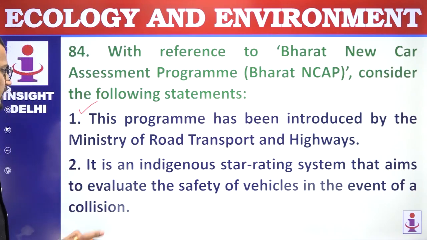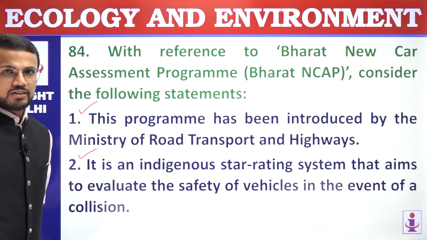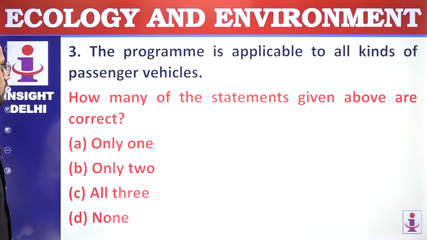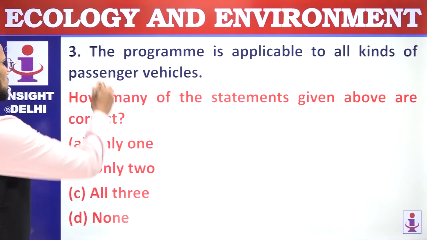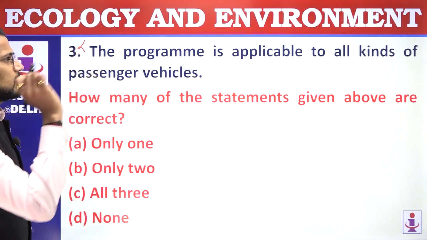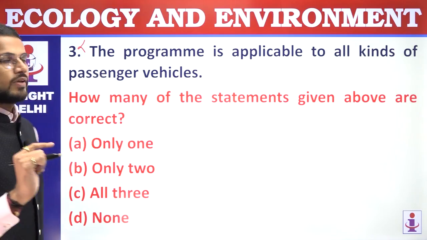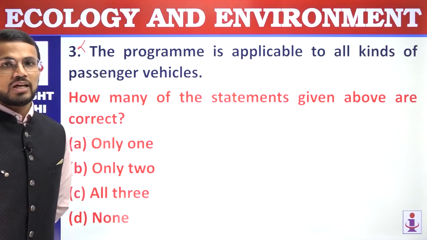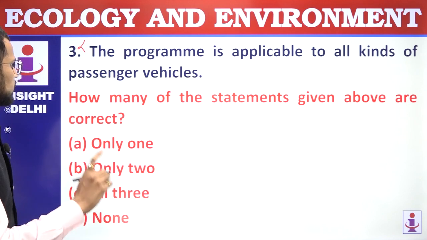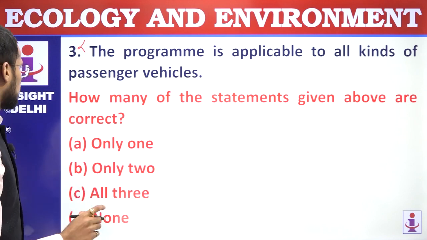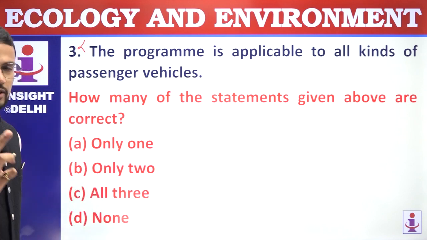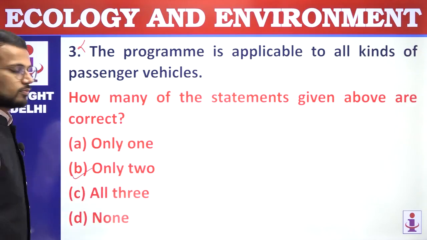Second, it is an indigenous star rating system that aims to evaluate the safety of vehicles in the event of a collision. Correct statement again. Third, the program is applicable to all kinds of passenger vehicles. Incorrect. The program is applicable to those passenger vehicles whose seating capacity is not more than 8. So the third statement is incorrect, and that's why only 2 statements are correct. Answer is B.